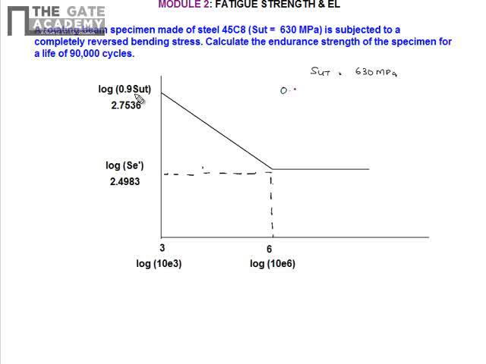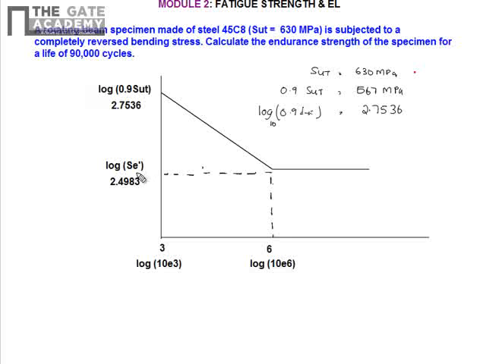Therefore 0.9 SUT is nothing but 567 megapascal, and log of 0.9 SUT to the base 10 is nothing but 2.7536, and this is written here.